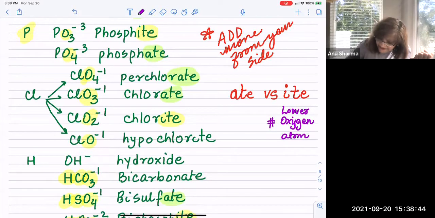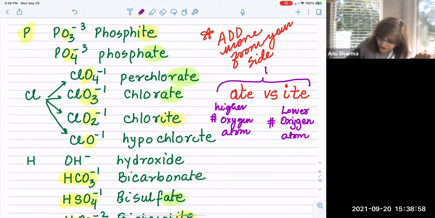And 8 is the higher number of oxygen atoms. And where is that? This is 8, and 8 is with respect to 1 atom only, a single atom.